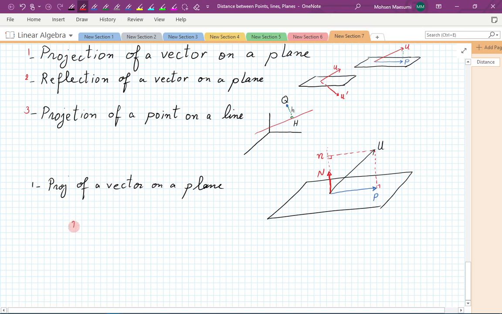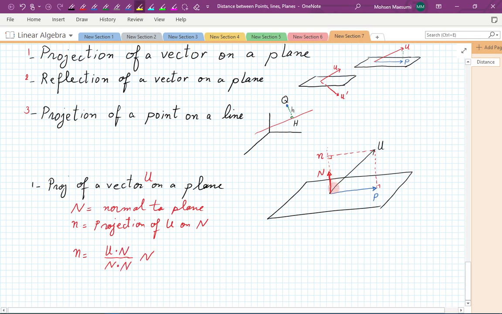So vector n is going to be the projection of u on n. Our original vector was vector u, and we said let n be normal to the plane. So n is a projection of u on n, and we have a simple formula for that. It was u dotted with n divided by n dotted with n times n. That's the formula for this vector n.